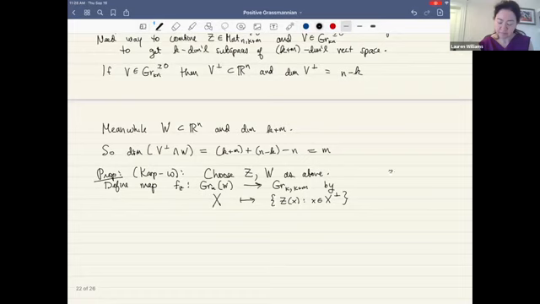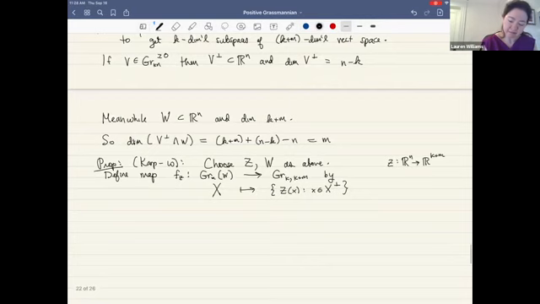So Z is a matrix, which one can think of as a linear map from Rn to R to the k plus m. So that's what I mean when I write Z of X here.